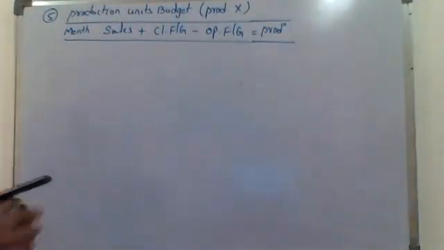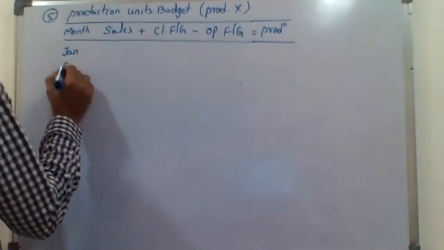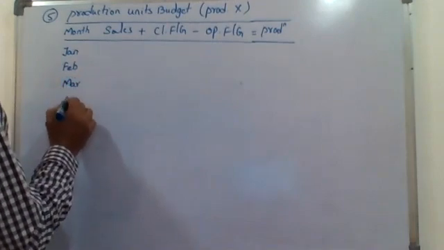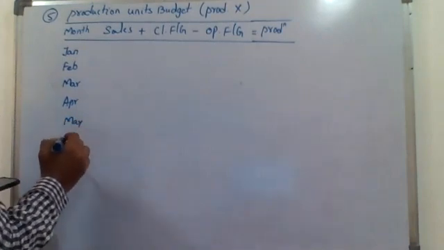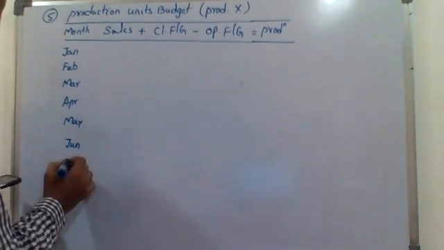Now, if you look at the question, he gave it right from January, February, March, April, May, June, and even July is given to us.